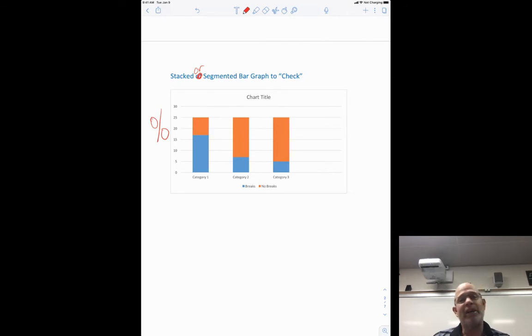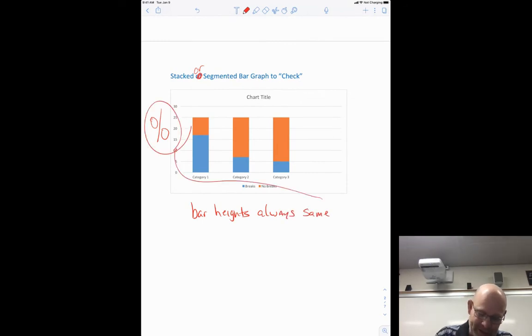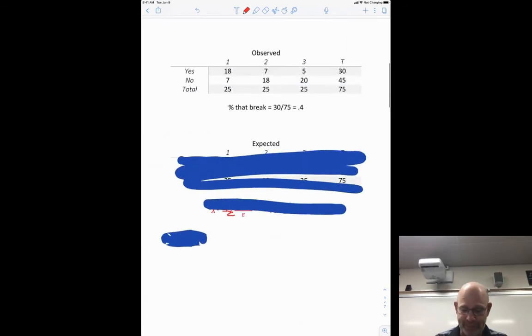But if they're not, if you got 50 of one and 100 of another and 60 of another, you're going to have 3 different bar heights, and it's going to be really hard to compare, right? So you want those bar heights to be the same. So bar heights always the same, okay? And the way you can make that happen, even if it's not set up for you, is to use percents over there. 100% is the total, okay?